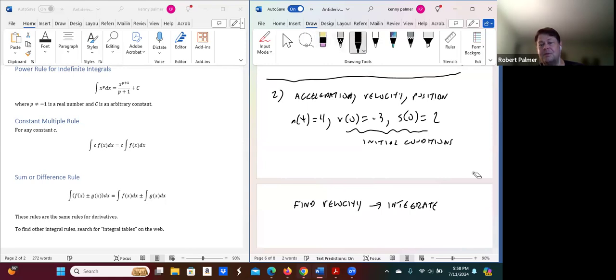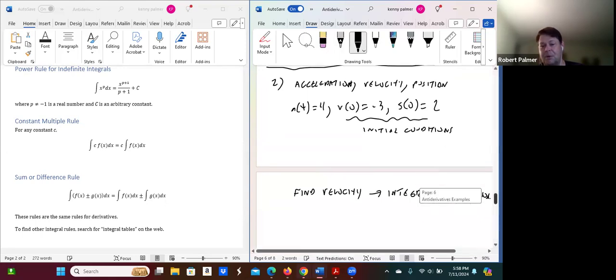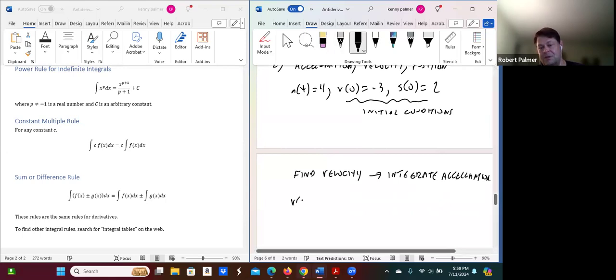Okay, integrate our acceleration. So the velocity as a function of time is going to be the integral of our acceleration as a function of time. This time we also have a differential. This time our variable is t, so it's going to be dt. Now, our acceleration is constant, 4.